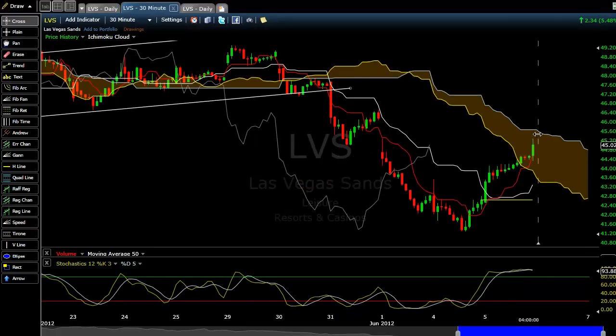All right, well, this is the breakthrough Kumo. We have a TK cross right here, so that's bullish. It's below price, so that's a little bit weaker signal. Okay, Chikou has emerged above price, that's bullish. And we have price about to emerge on the 30-minute above the Kumo.